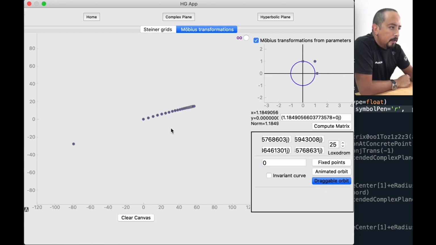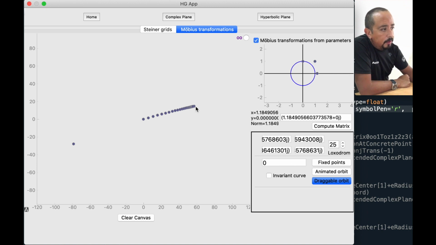Okay, and that is how it looks. If you notice, this one was the point that I clicked on first, and this other was the point that I clicked on later. The way I have programmed this, this one represents 0 when I conjugate, and the other point represents infinity.